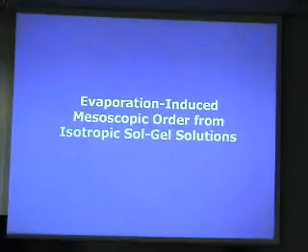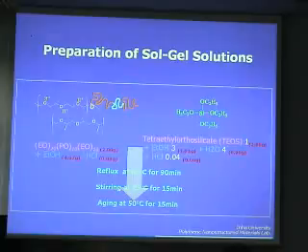So I'm going to move to the first one, the evaporation-induced mesoscopic order from the isotropic sol-gel solutions. In order to prepare the sol-gel solution, we make approximately a 38% organic phase solution with the triblock polymer, PEO-PPO-PEO, commercially named P123, and the numbers are the mole fractions of each unit in a single polymer chain.